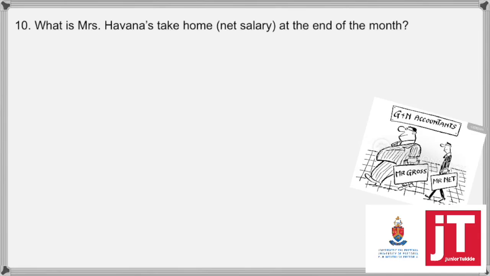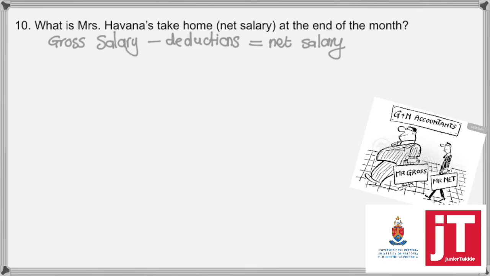However, part of it comes to cash in your pocket, and part of it goes towards your medical aid and pension and taxes and whatever else. So the difference between your gross salary and your net salary is the deductions. So gross salary minus your deductions is equal to your net salary.